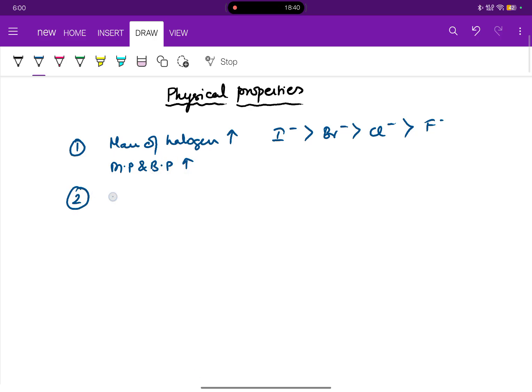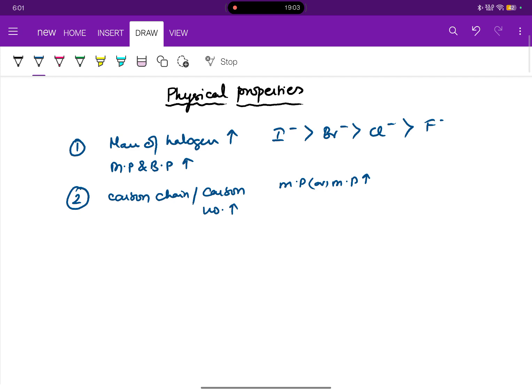Similarly, when the number of carbons in the chain increases, melting point or boiling point will increase. Sir, the second one is indirectly the first one, no, sir? What is it? I didn't understand.